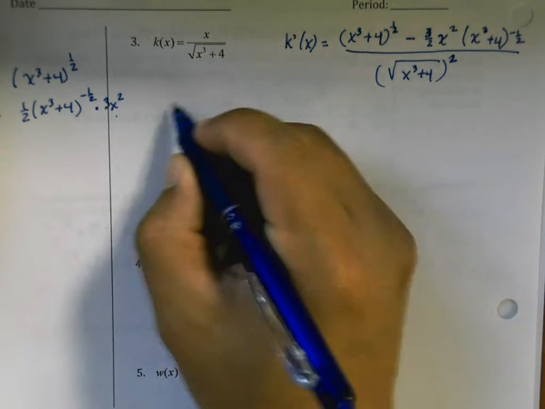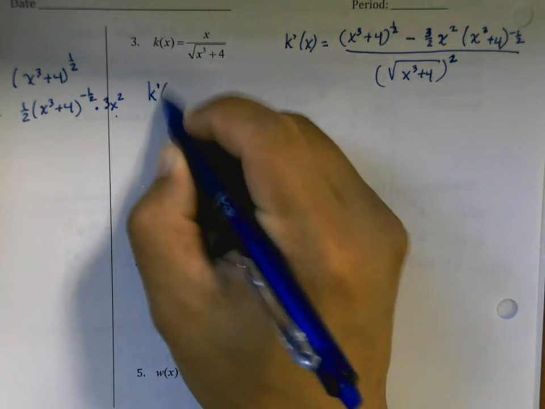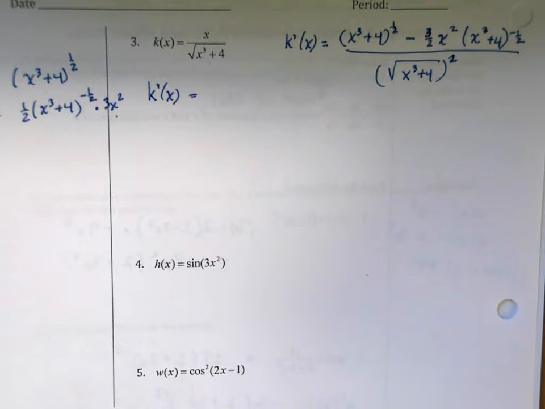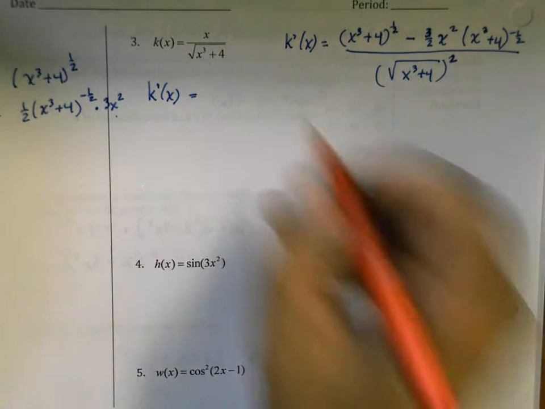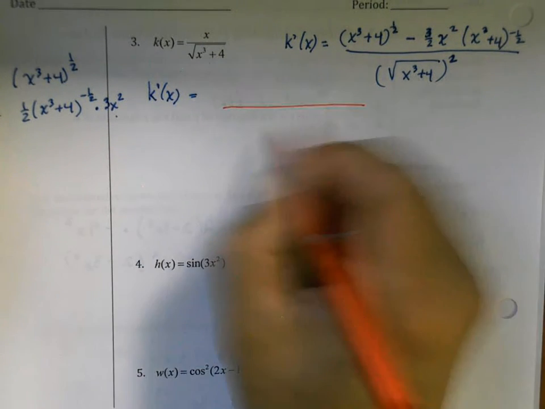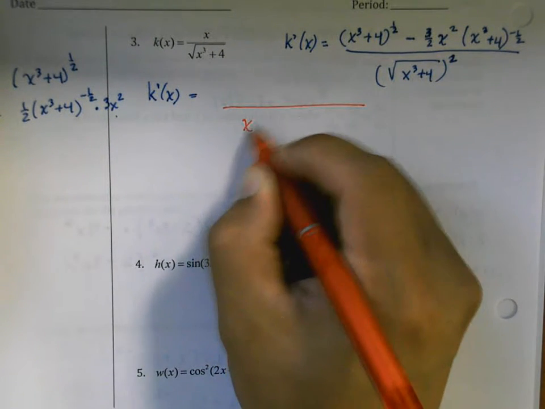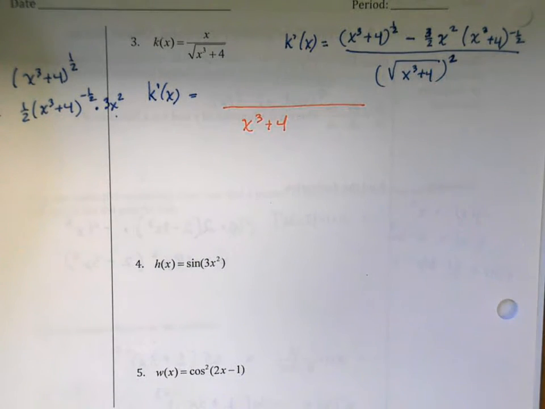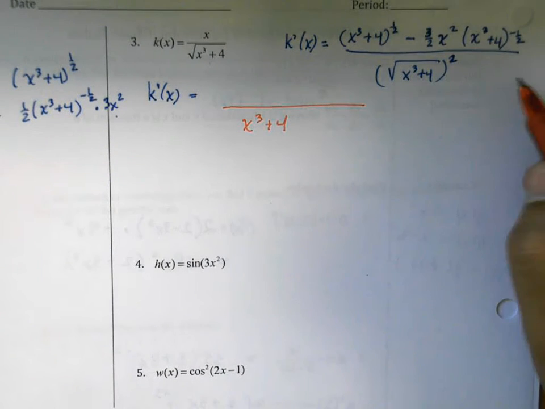So the first thing, I'm going to continue it down here, k prime of x. Let's use a different color. In the denominator, that's just going to be x cubed plus 4. In the numerator, oh wait a minute, I think I made a mistake up here.